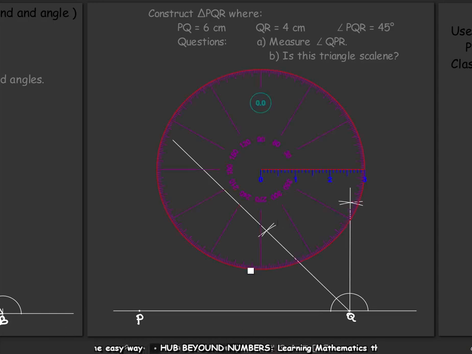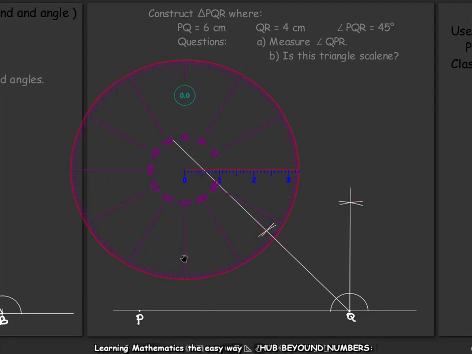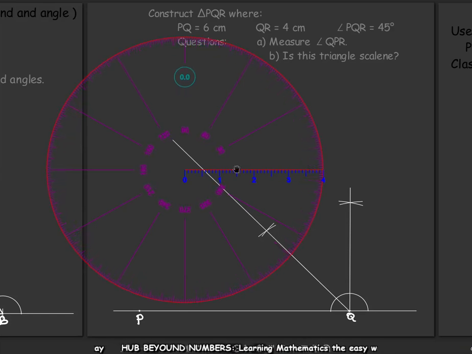So we now want to measure our QR. Taking your compass, you open 4 centimeters on your ruler. So you open a radius of 4 centimeters. Here's my 4 centimeters.